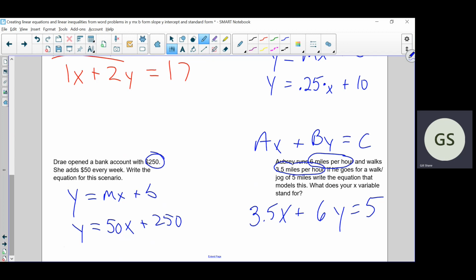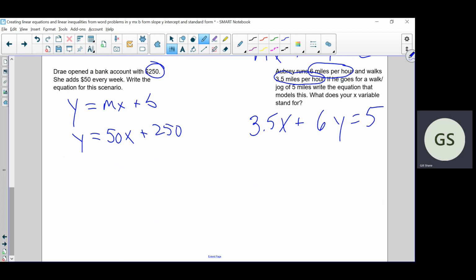Raise your hand if you got something different than that. Because that's not the only right answer. Another right answer is 6x plus 3.5y equals 5. That's the same thing as what he did. So let me ask you this question then. Which one's right? It doesn't matter. They're both right.